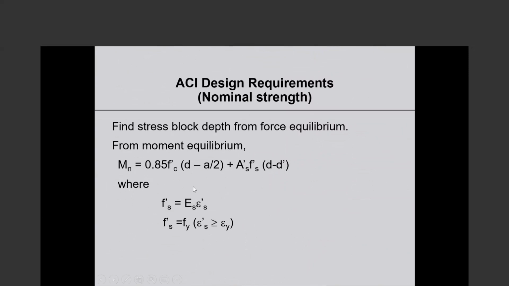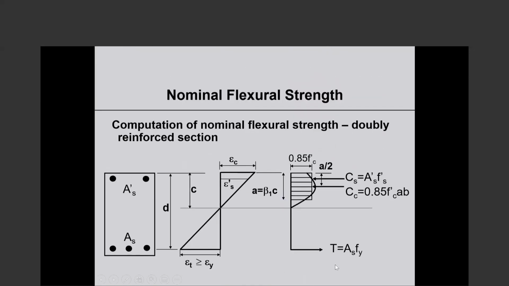So the nominal moment strength from moment equilibrium now is 0.85 f sub c prime, the uniform compression across the stress block, times the lever arm between the compression and the tension force, d minus a by 2, and the compressive steel force is A sub s prime f sub s prime, and the lever arm between this and that is this distance, which should be marked.